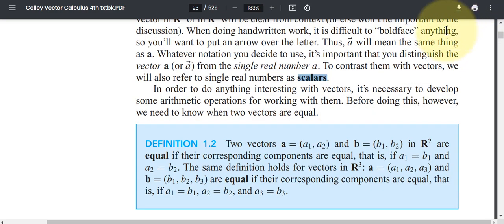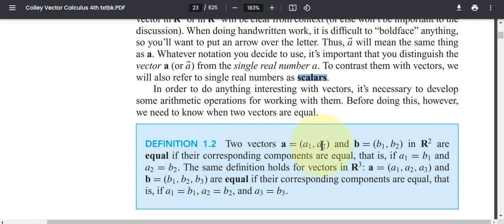So we have to first of all say, what do we mean when two vectors are equal? Here they say that if you have a vector A and a vector B, and we call them equal, that means that not only is A1 equal to B1, but also A2 has to equal B2. So that's what we mean by equal vectors.